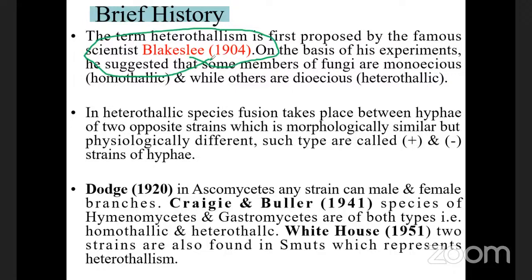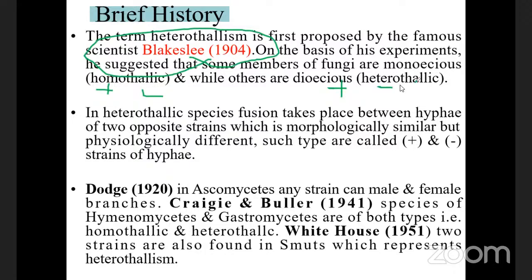That means monoecious, heteroecious, dioecious. Monoecious means homothallic: if both plus and minus are there in the same thallus, that is homothallic. If the plus thallus is different and the minus thallus is different, that is heterothallic.